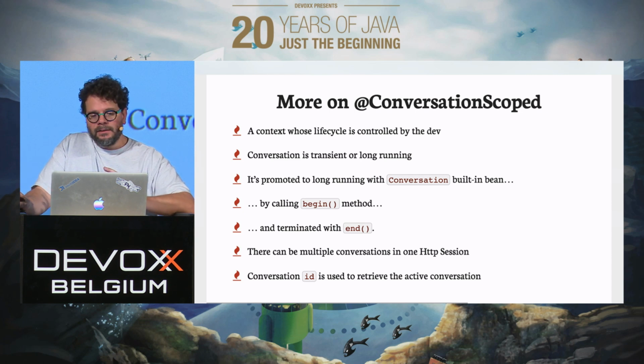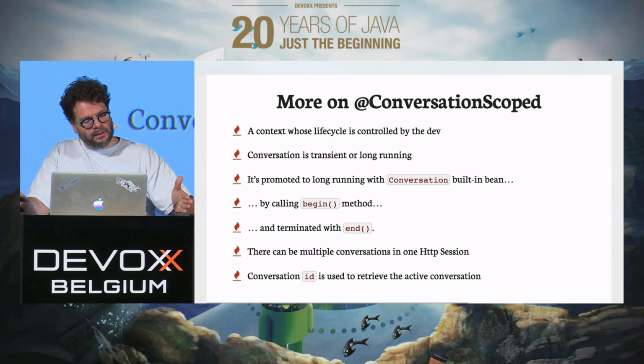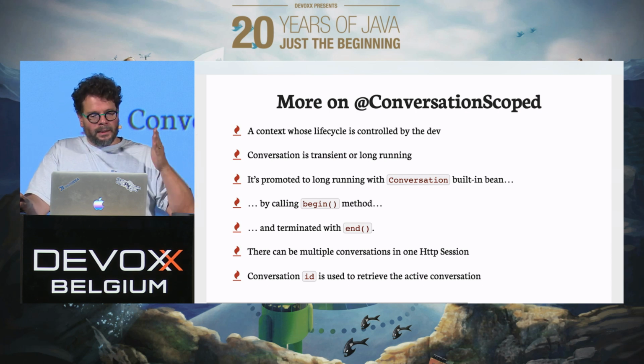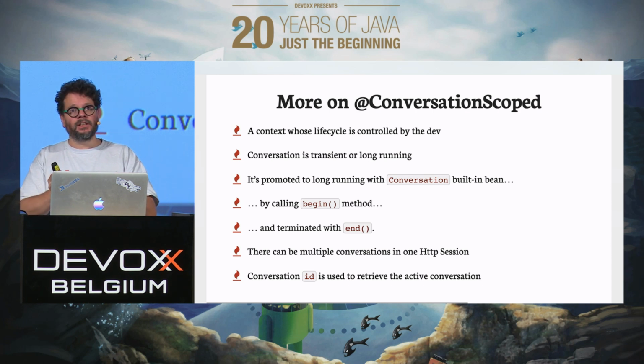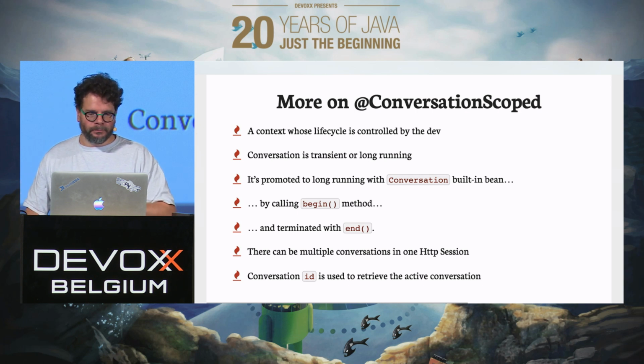As I said, the conversation context is a context whose life cycle you can control. Decide when it starts, when it ends, and have a way to define a sub-session for your application.